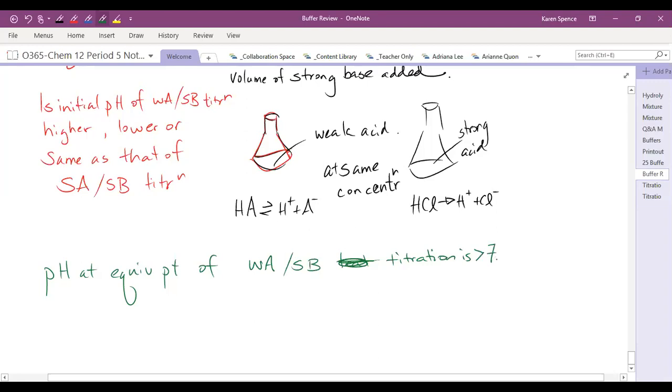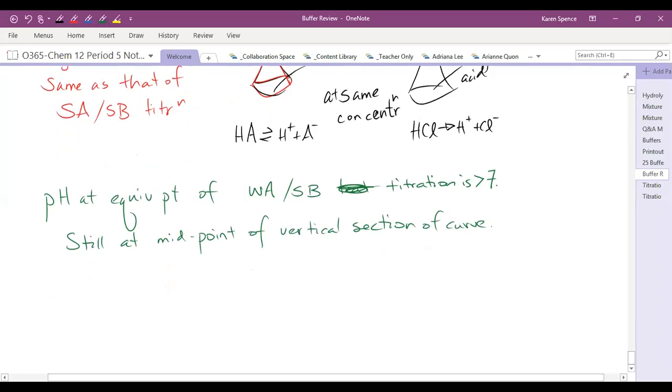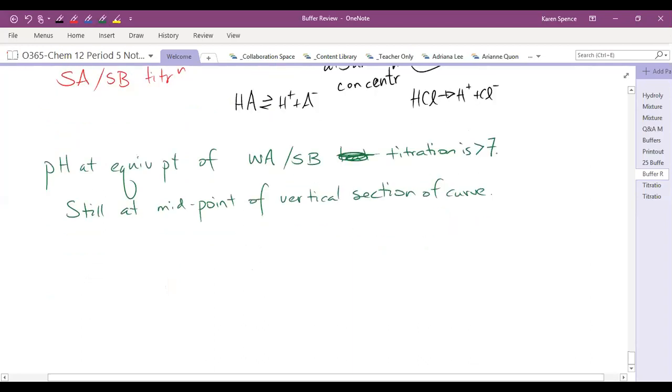Okay, it is still the midpoint of the vertical section. Okay. And why? Why is that? Let's take a look at an example here, okay?